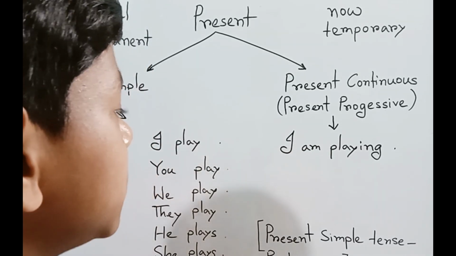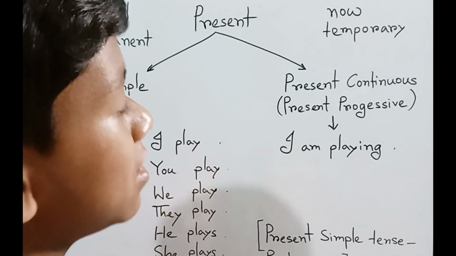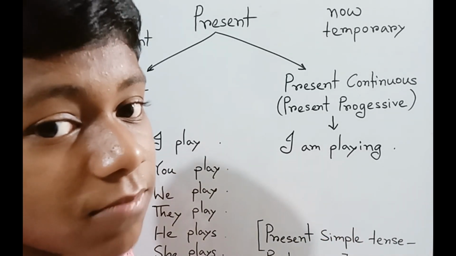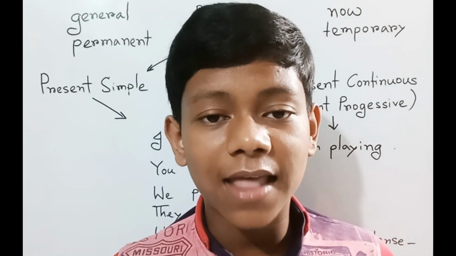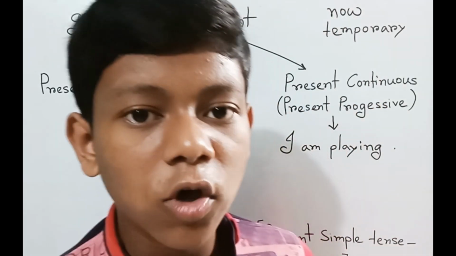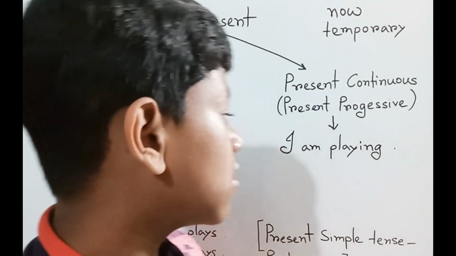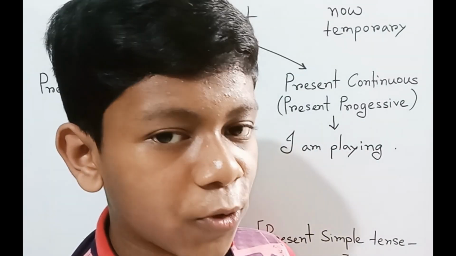In present continuous, I am playing, that is now, temporary. Something is happening now, and that action is continuing right now. At that time we call that tense present continuous or present progressive.